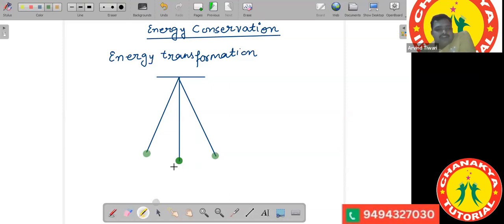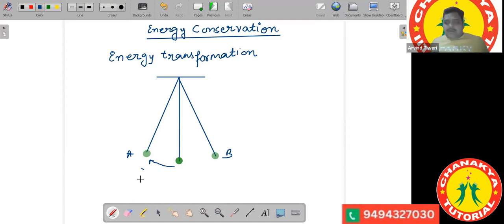Okay. So this is a metal bob, this is extreme point A, this is extreme point B. The ball is taken to this point A, from there it is released, so it starts oscillating between these 2 points. Okay, so you have already learnt about this in class 7 about the pendulum, but here we will talk of pendulum in terms of energy conservation.